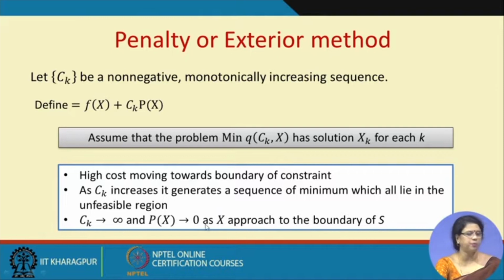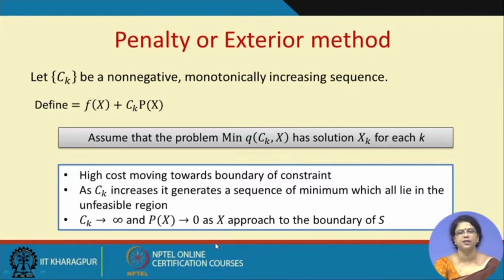Now, there are certain properties for this exterior penalty function method. The first is that we have to incur a higher cost if we move away from the boundary of the constraint, because the value of Px is going to 0 near the boundary, but if we are far from the boundary, then we have to incur the higher cost. One thing I must say is that the function must not make the optimization problem unbounded.